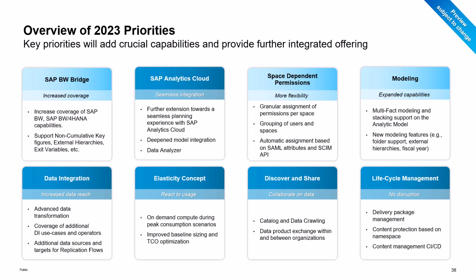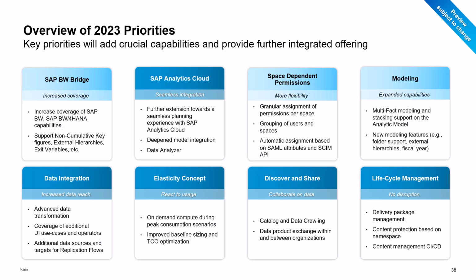You also see that in the top right box on the new modeling features, support for external hierarchies. If we stay with that box, you see folder support, a very often requested feature to support folder structures in the data builder. That's hopefully also coming within the next few months.